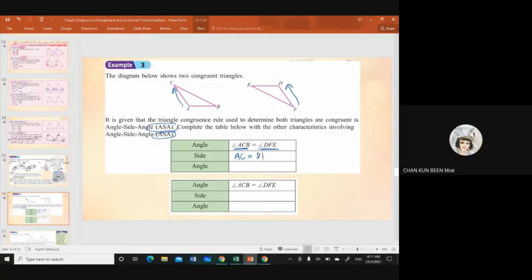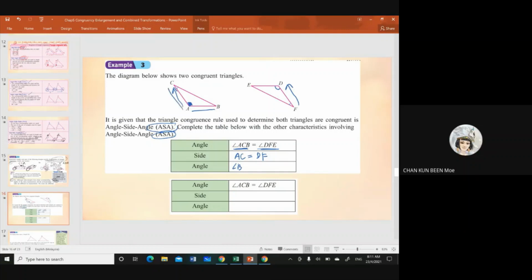So DF. So just now I said angle, side angle. So this part also angle, side angle. Okay. The third angle over here. What is the name of this angle? This one. Angle ABC, right? It's angle BAC.